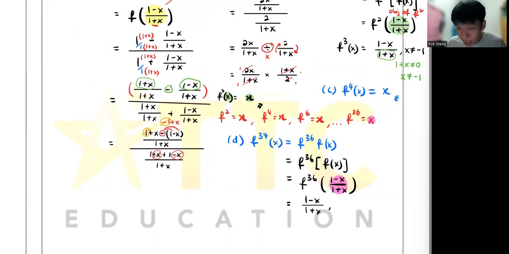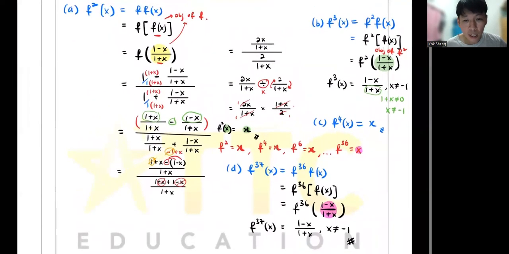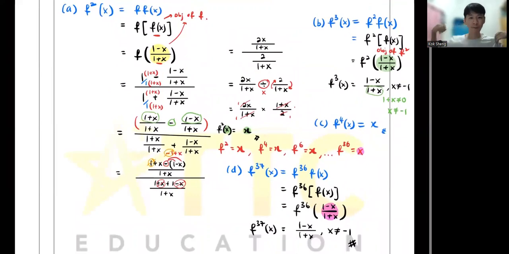Ta-da! Of course, the bottom has the object, need to write out this number. And actually this number is the same as the one on top, the green color one. So this is F37X. So yes, number 32 done. Only part A is the long step because of the fraction, right? After you get the answer already, the rest will be less working.